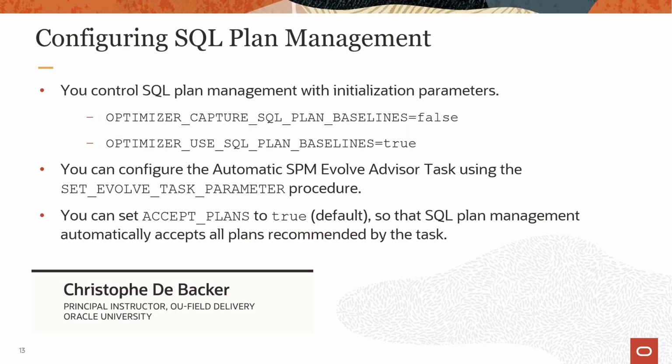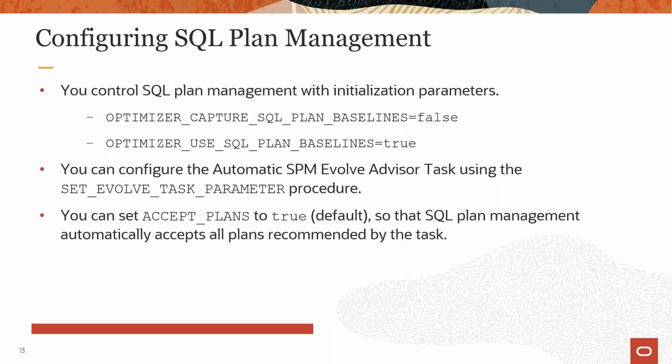You control SQL Plan Management with initialization parameters like optimizer_capture_sql_plan_baselines, which you must set to true if you want to perform automatic capturing of execution plans. And to activate the mechanism of SQL plan baselines, make sure the parameter optimizer_use_sql_plan_baselines is set to true.